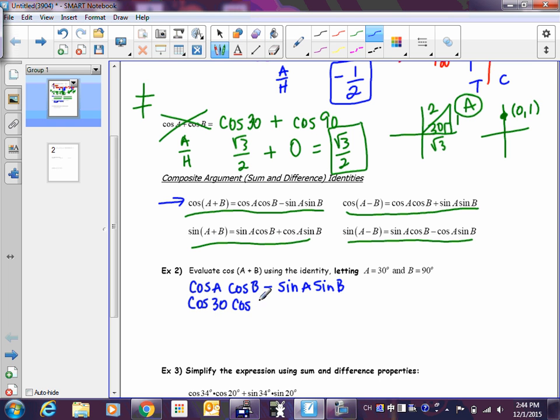And I need to plug 90 in for b. Now some of these I've actually already found, so I don't want to reinvent the wheel here. Like we already determined what cosine of 30 was, right? √3/2.